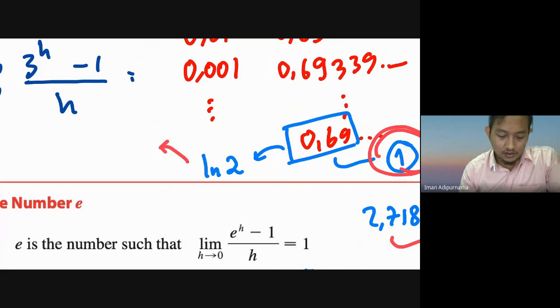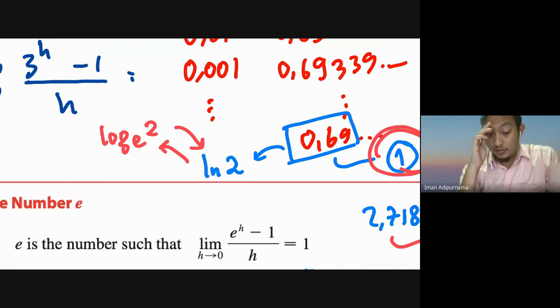So ln is log e, so log e of 2 is ln 2. We call this logarithm our natural logarithm.